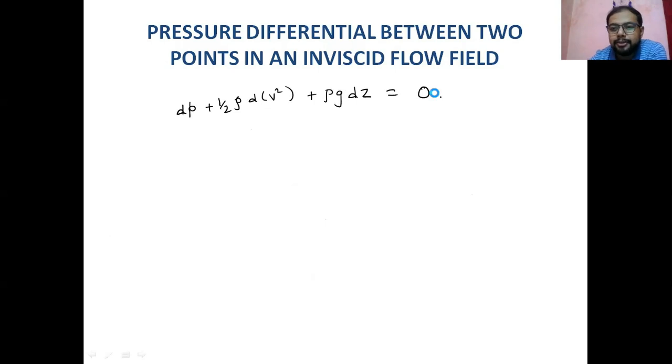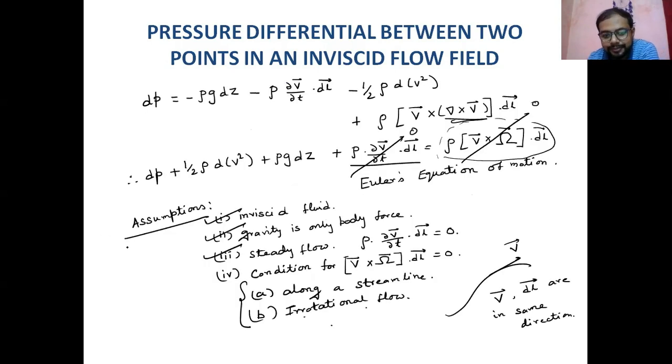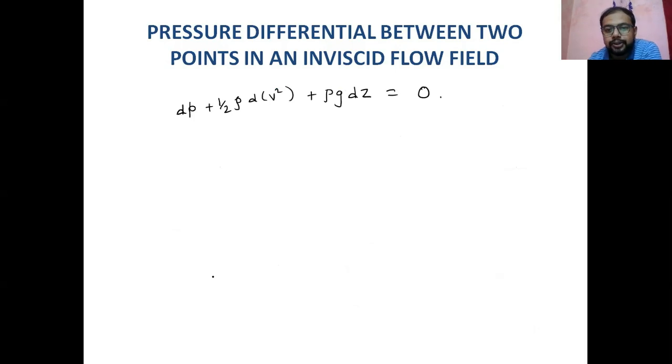Now it's time to take another assumption, that is constant density flow. This is the fifth one we are taking. So rho is a constant here.